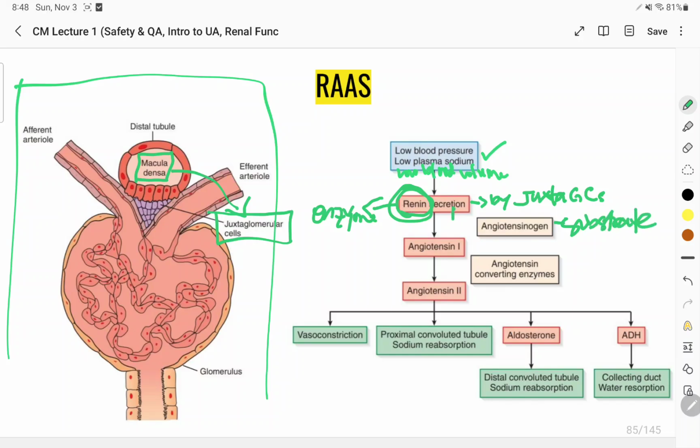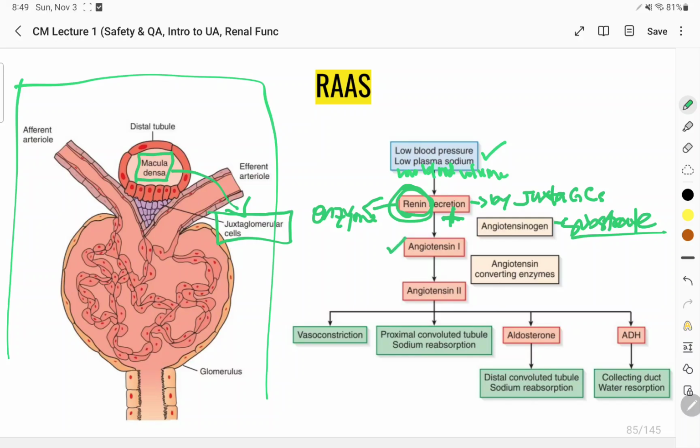Renin, the enzyme, combines with and reacts with its substrate angiotensinogen, which is found in the bloodstream, produced by your liver and kidneys. Renin converts it to angiotensin 1.